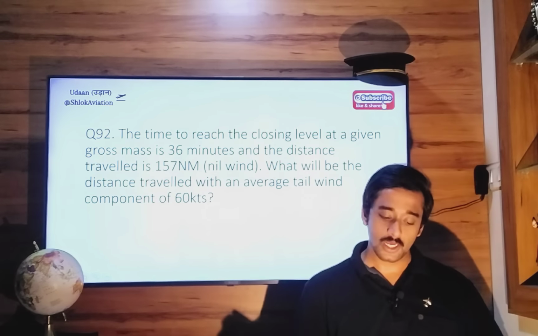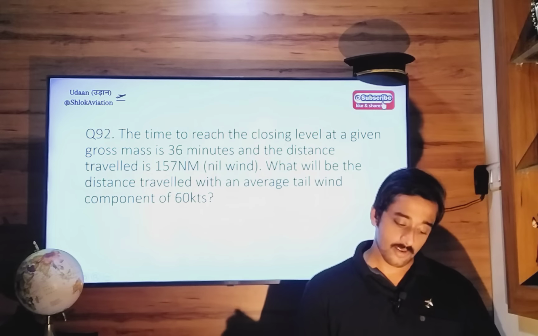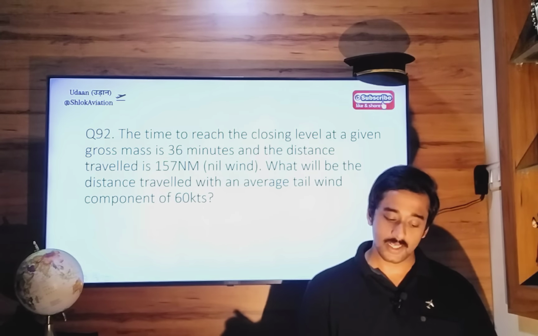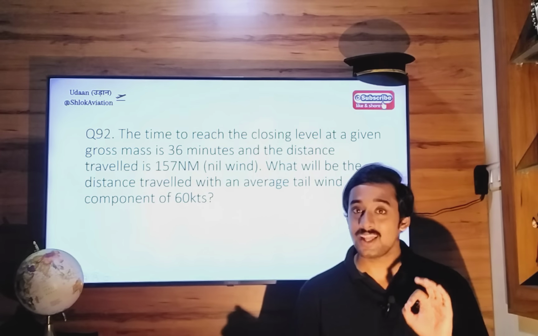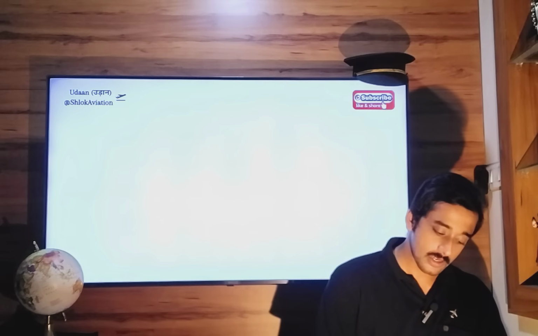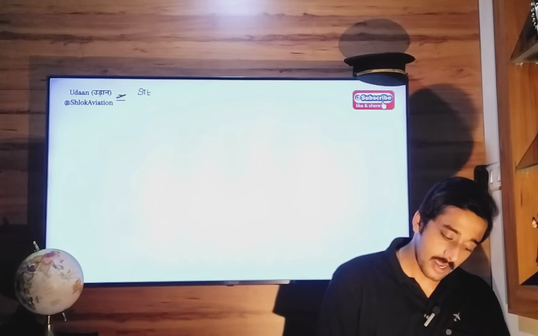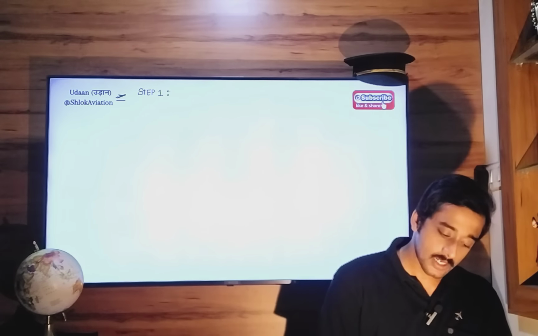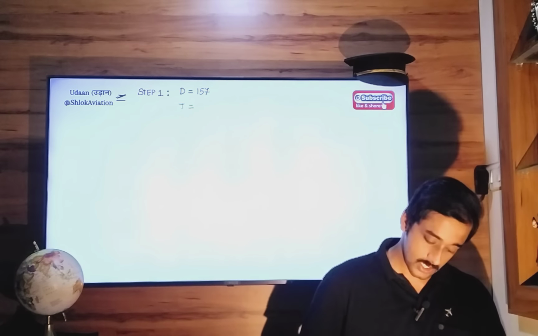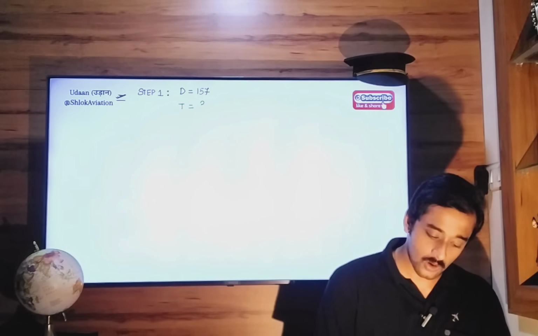Next, the time to reach the cruising level at a given gross mass is 36 minutes. Horizontal distance 157 nautical miles in nil wind conditions. So you are flying in calm atmosphere. Distance is 157 miles. Time is 36 minutes or 36 divided by 60 hours.